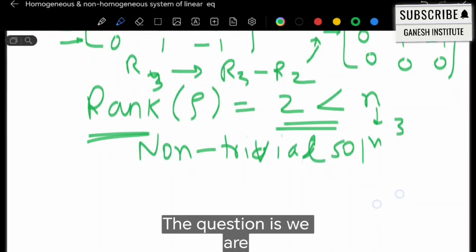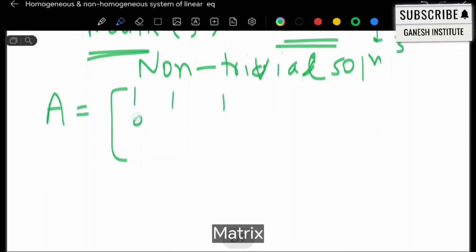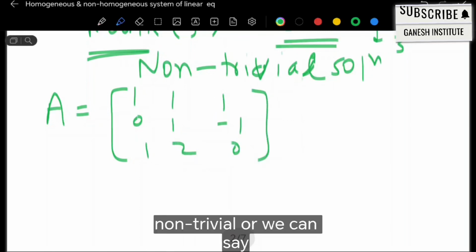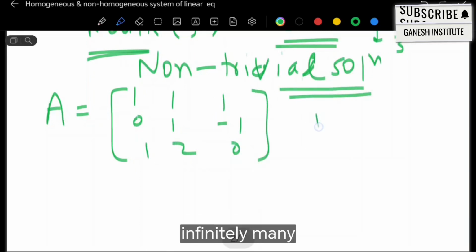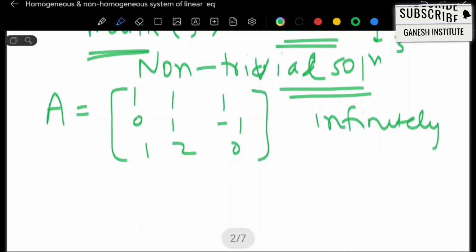Now the question is, we are saying that this coefficient matrix is having non-trivial, or we can say infinitely many solutions, right?